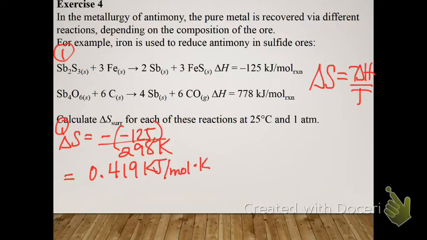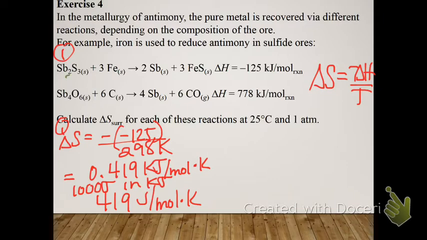Because I know that joules are the normal answer, I'm going to go ahead and remind you that there are 1,000 joules in a kilojoule. So we're going to convert that, and we're going to end up getting a positive 419 joules per mole K. Now let's do the same thing for reaction number 2. Same process.